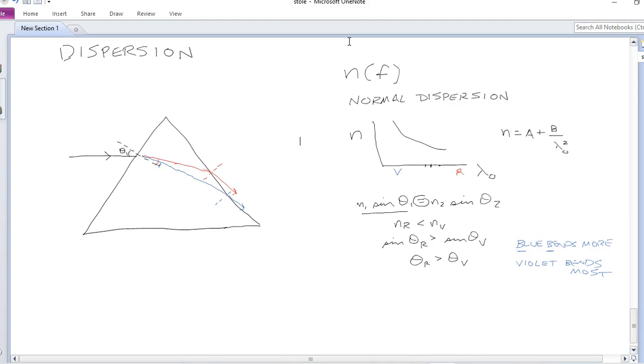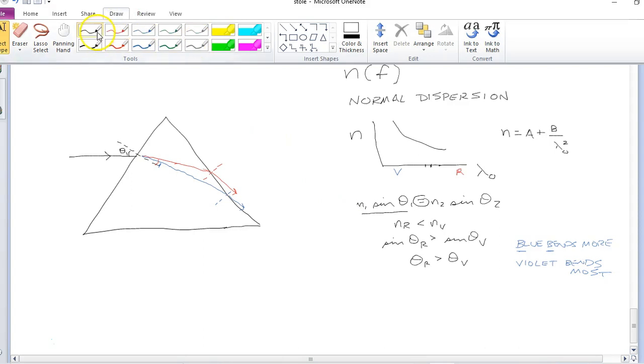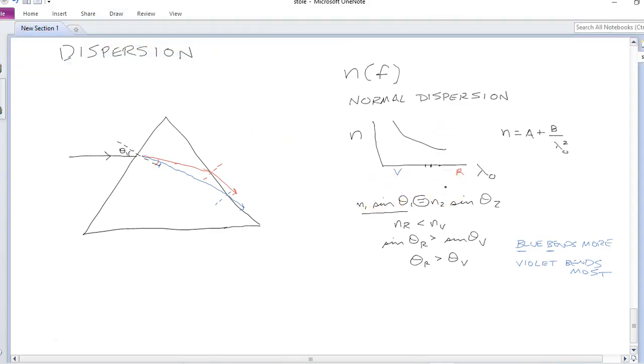One of the things that Newton gets credit for is he showed that no, the colors are already in that white light. And he did a very simple thing. He took two prisms. The first prism dispersed the light in this rainbow fashion. He then took another prism and put it right here, upside down like that.